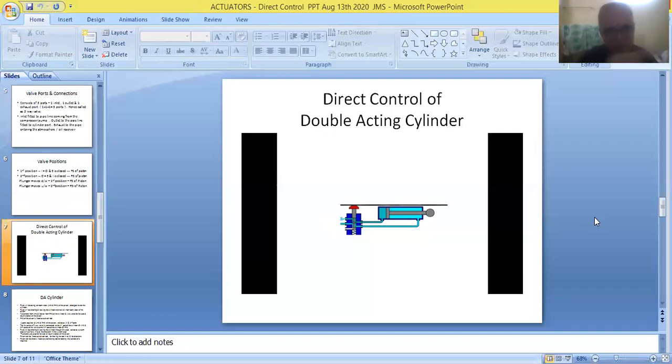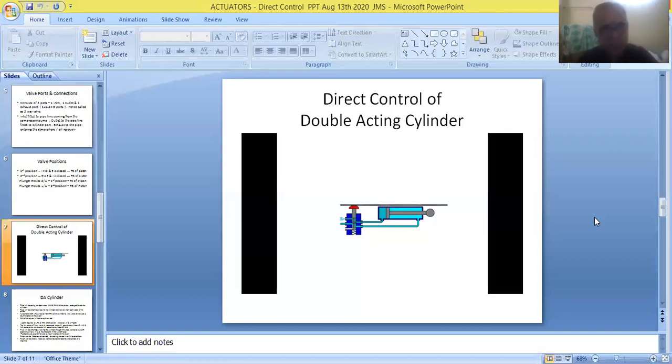That is used for performing the forward stroke of the piston. And if the fluid is entering from the right-hand side of the piston, the fluid will be leaving from the left-hand side of the piston. That is used for performing the return stroke of the piston. So if a fluid is acting only on one side of the piston, that is called a single acting cylinder.